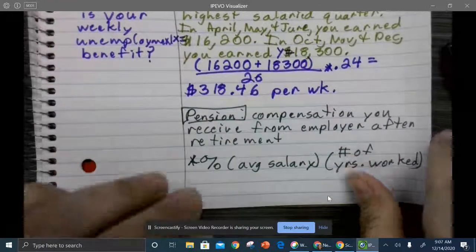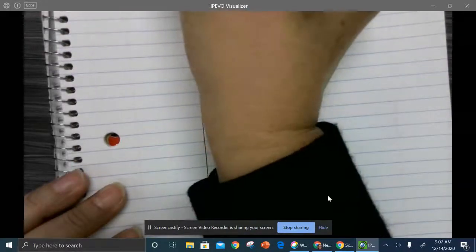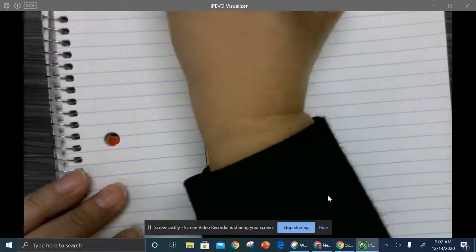Okay, so I'm going to do the example on the other page. And this is part 2 continued for 6.4.